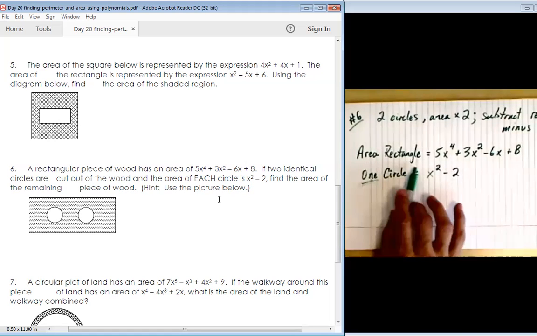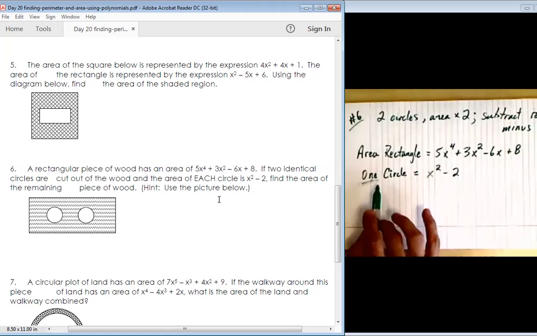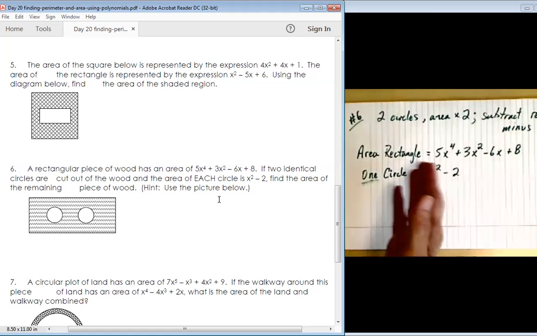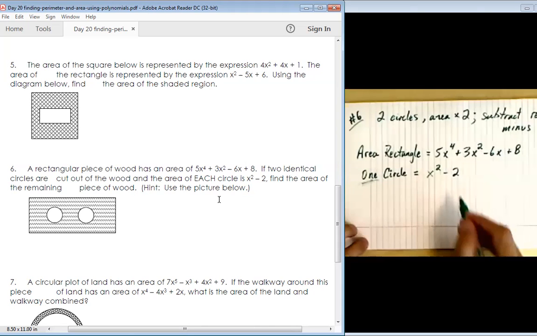I'm doing all this more for teacher stuff. If you want to write it as area rec, one circ, some sort of shorthand, go right ahead. This isn't horrible anyway, but you can do that. So now what's the big idea?